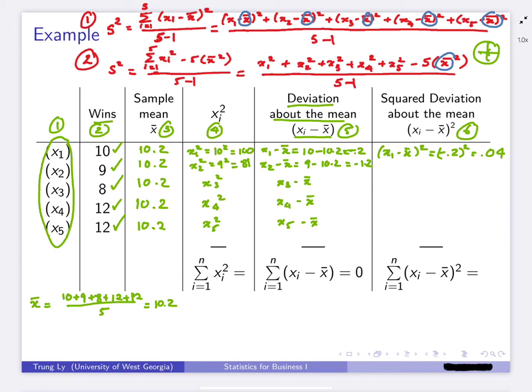For the second observation, it's going to be x2 minus x bar all square, which is equal to negative 1.2 all square. That gives you 1.44. For the third observation, you're going to have x3 minus x bar all square. The fourth observation is x4 minus x bar all square. And then the last observation is x5 minus x bar all square.